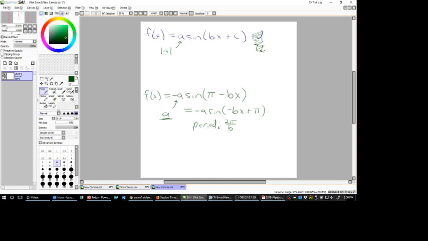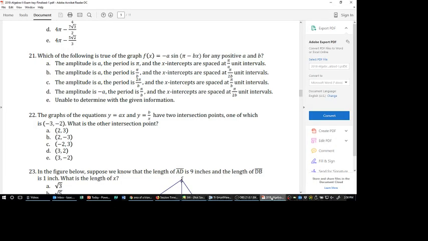It's still going to have the same period. So even if I plugged in a generic number b into the formula, this is what you get for the period. That one's actually pretty useful because only one of these choices has that as an option. Choice C is the only one that says the period is 2 pi over b.